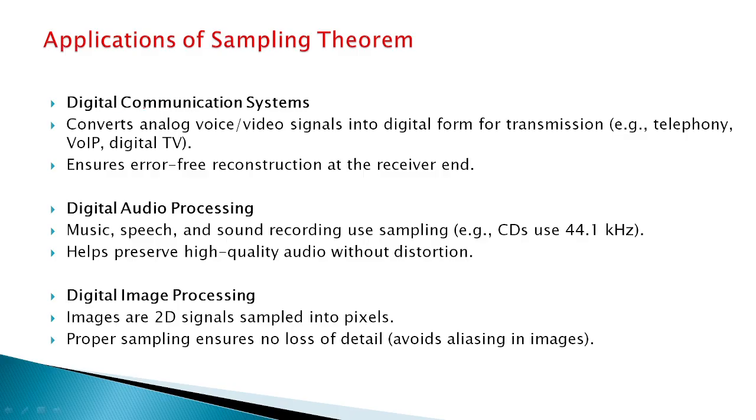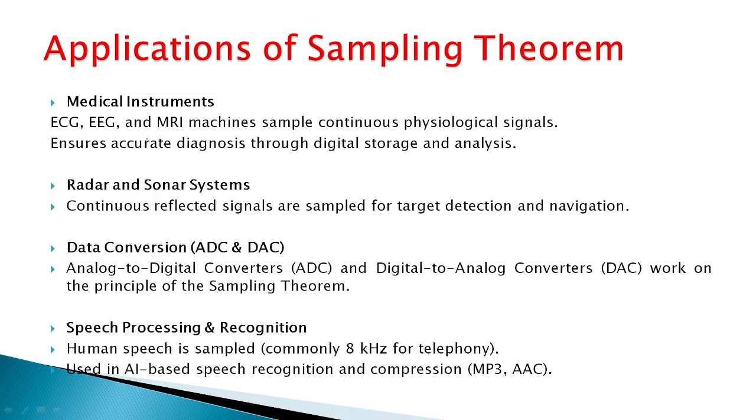Coming to the applications, in digital communication it is mainly used to convert analog signals into digital. Even for music and speech, we can use sampling for recording. In medical applications such as ECG and MRI machines, samples are continuously transmitted. Even in radar, samples are continuously transmitted to detect the required object.